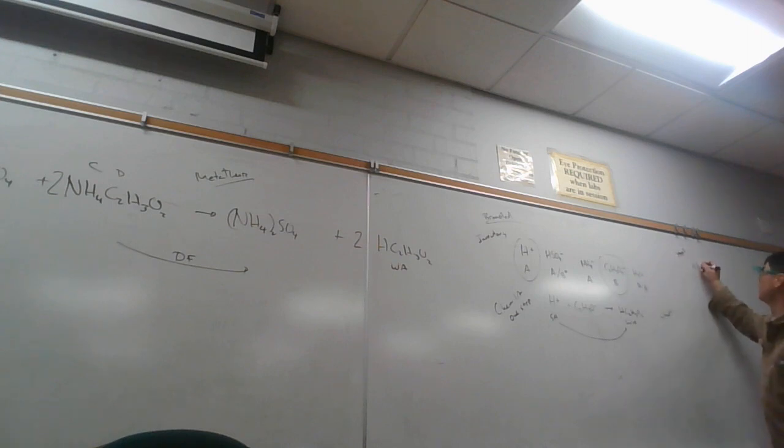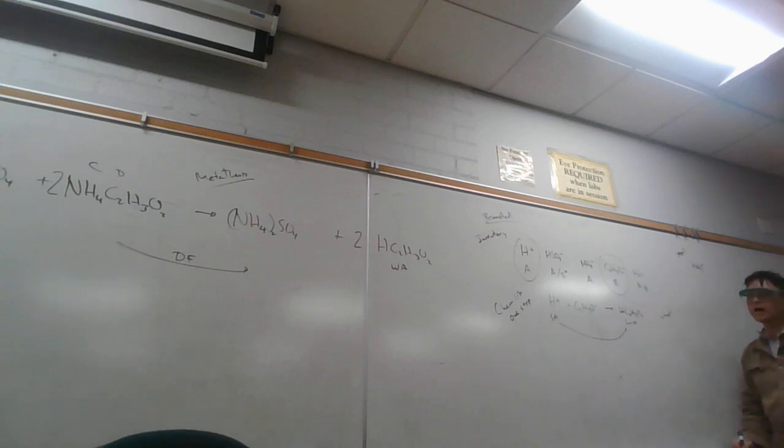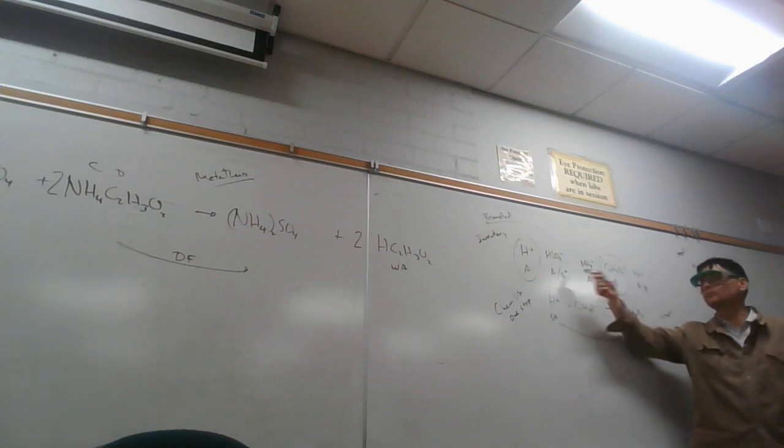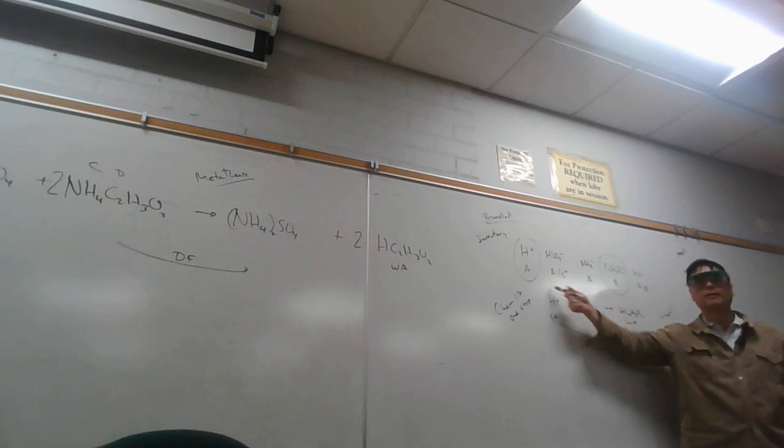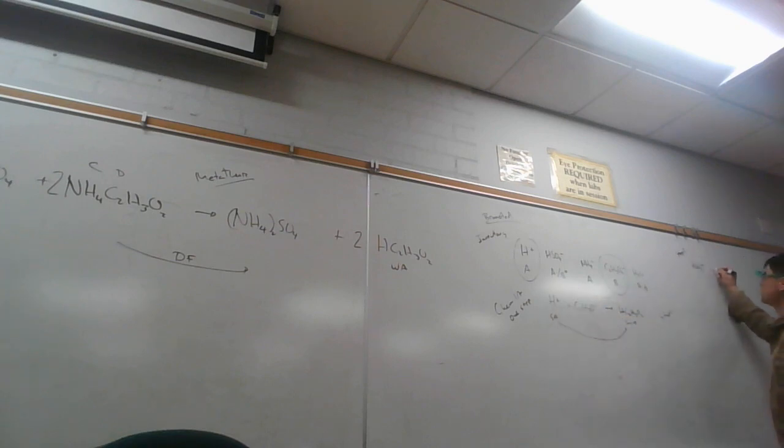What's left over is HSO4 minus. That was the second strongest acid present, but now it is the strongest acid present once H plus has been eliminated. And it's strong enough to react with acetate as long as there's enough acetate around. And so if we have enough C2H3O2 minus, then what will form is acetic acid and sulfate.